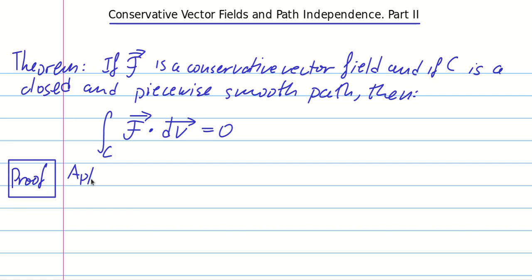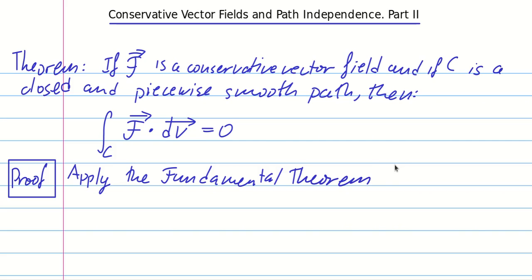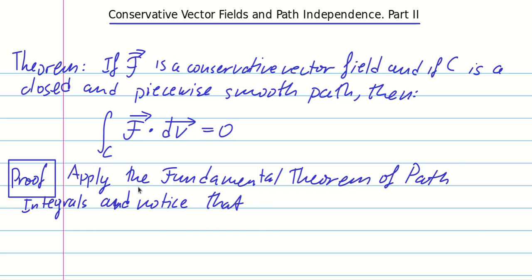You have to apply the fundamental theorem of path integrals, and you have to notice that if the path is closed, then f of a is equal to f of b, and so the difference will be 0.